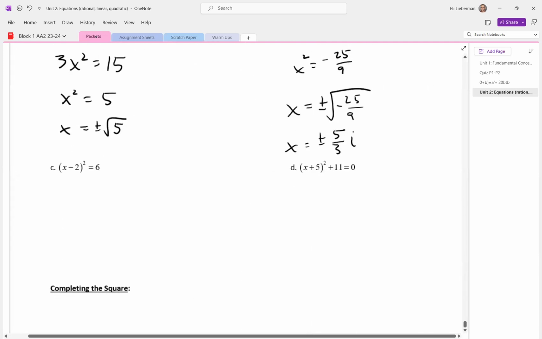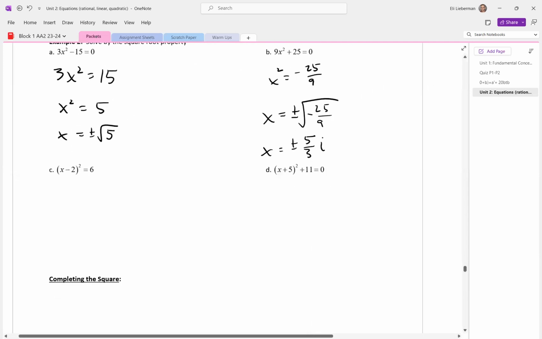Okay. Now C, this is where some people start going wrong. With their best intentions, they think back to the warm-up and they say, Mr. Lieberman told me, I know how to do this problem. I can expand it to x squared minus 4x plus 4. But hold your horses, folks. We're not going to do that. Why not? Discuss.